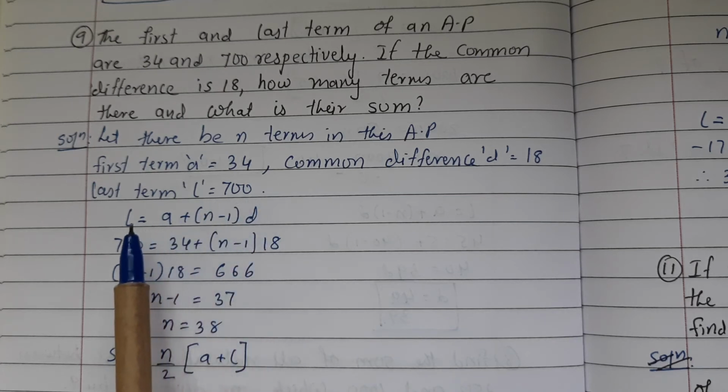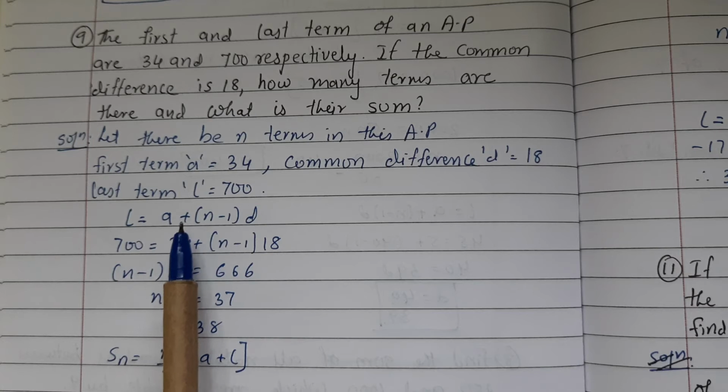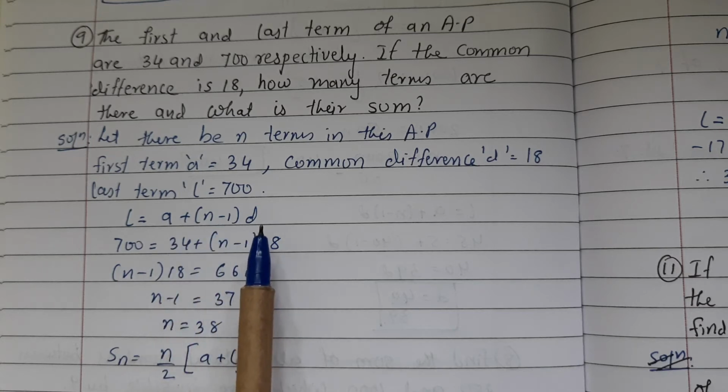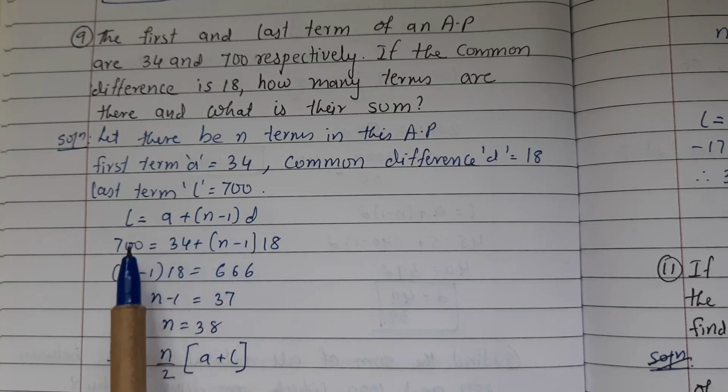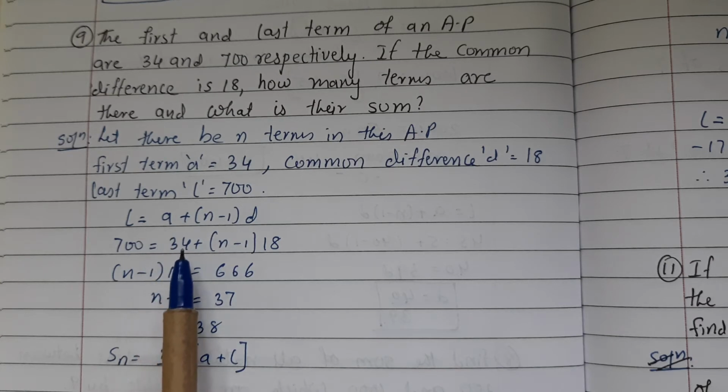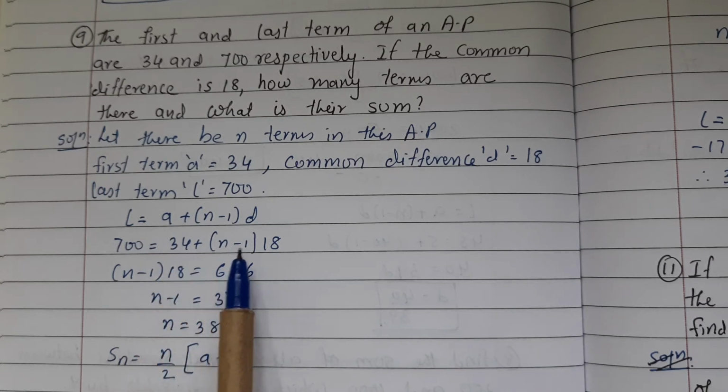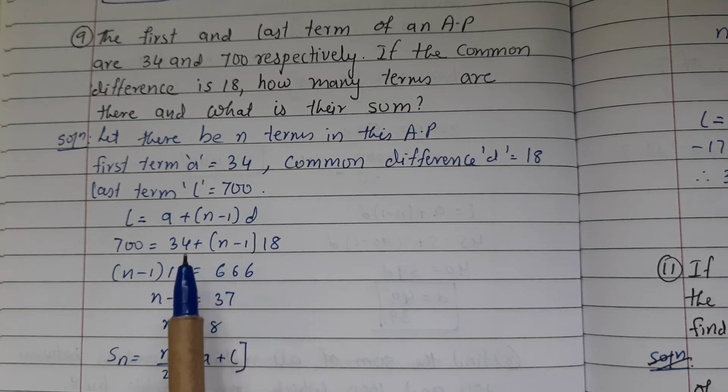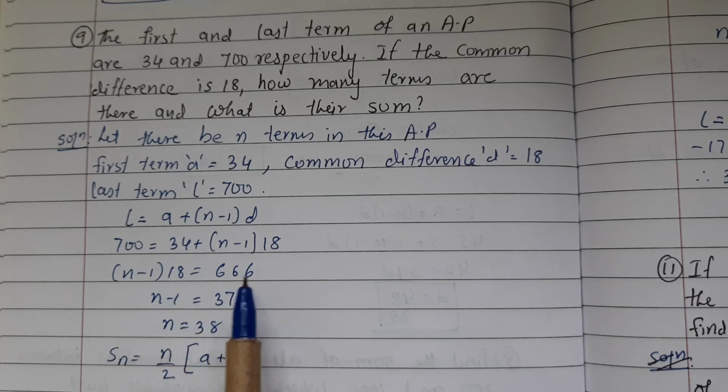Write the formula L equal to A plus n minus 1 into D. Substitute the values: 700 equal to 34 plus n minus 1 into 18. 700 minus 34 is 666. N minus 1 into 18 equal to 666. Divide by 18 on both sides. N minus 1 equal to 37.